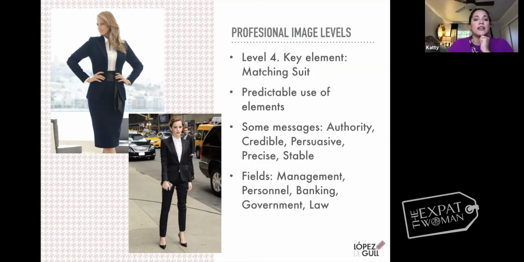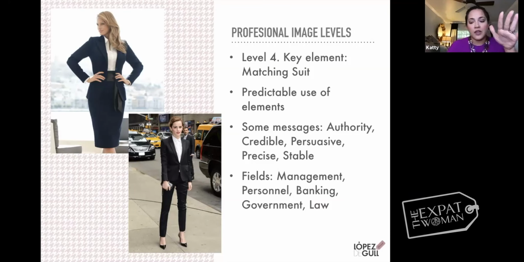Then it's actually expected to have a lighter blouse or lighter shirt underneath, so you create high contrast, because this professional level is meant to represent authority, credibility, to look persuasive, stable as a leader, and is appropriate for management, personnel, banking, government, and law.